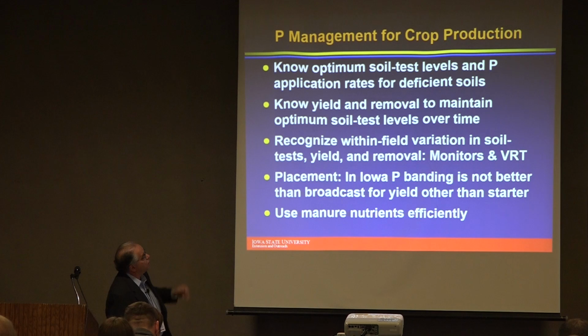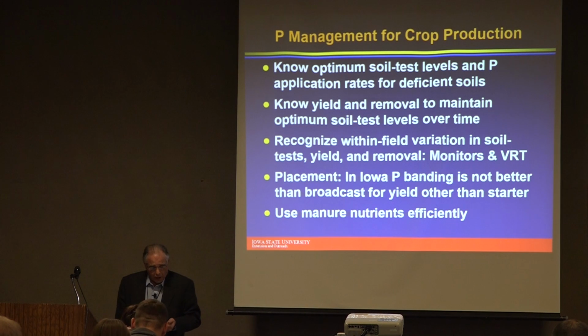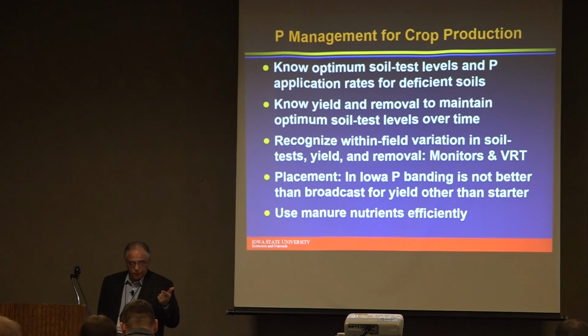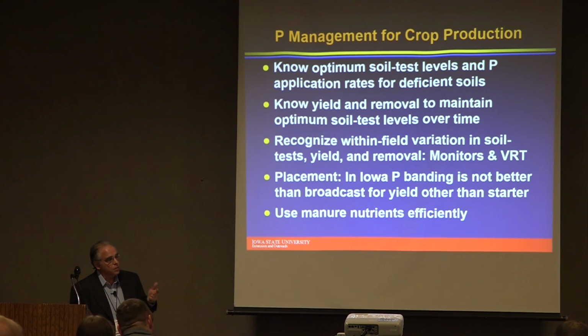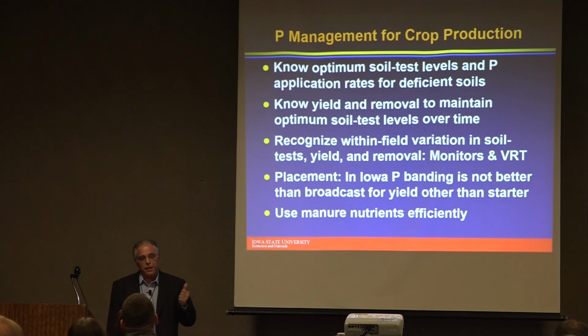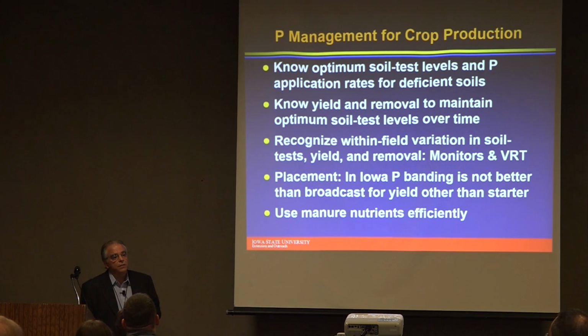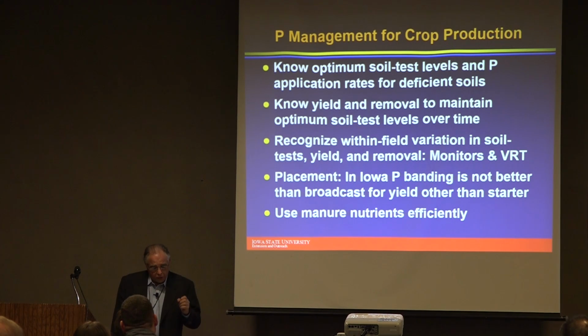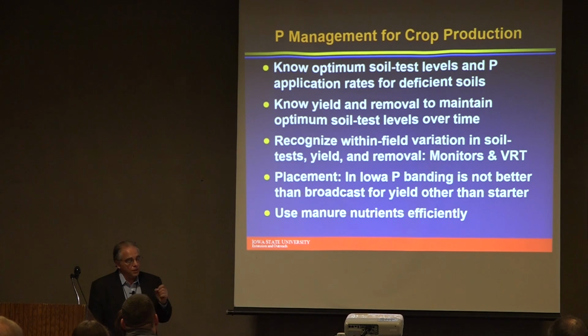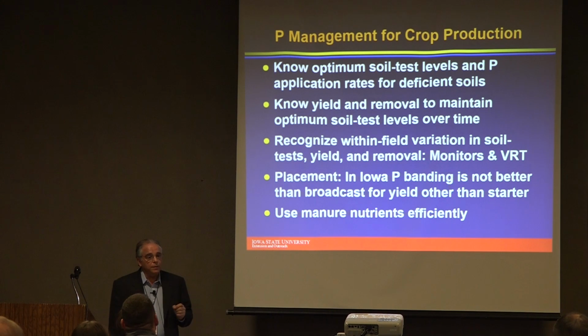So we need to know, of course, the optimum soil-test levels and P application rates for deficient soils. We need to know yield and removal, to maintain the optimum soil-test values over time. This is the main criterion on which to base the maintenance fertilization rates. We need to recognize within-field variation in soil test, in yield, and removal.